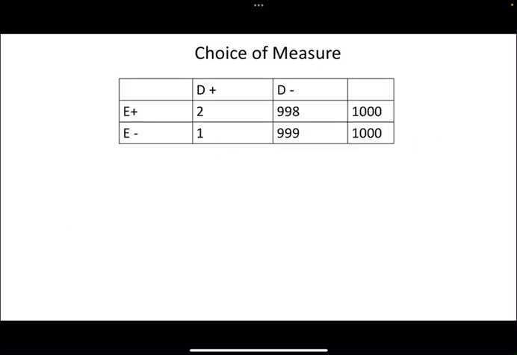So now we have this new set of data. We can see that the disease is incredibly rare. Both in this exposed and unexposed group, we have 1,000 people. But in the exposed group, 2 people got the outcome, and in the unexposed group, 1 did. So it's incredibly rare. But if we do a relative risk, we can see that you're twice as likely to get the outcome if you're exposed, 2 people compared to 1 person.